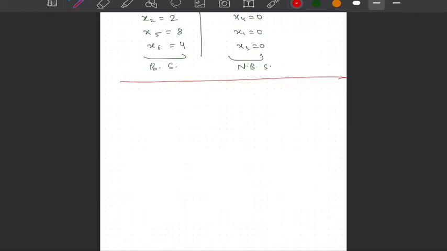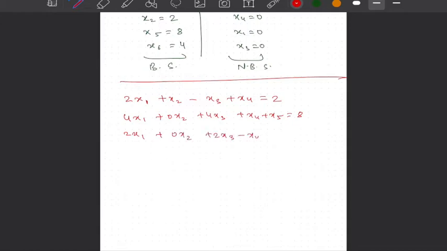So we would write this as 2x1 plus x2 minus x3 plus x4 equal to 2, 4x1 plus 0x2 plus 4x3 plus x4 plus x5 equal to 8, 2x1 plus 0x2 plus 2x3 minus x4 plus x6 equal to 4, 3x1 plus 0x2 minus 3x3 plus 2x4 equal to 4, and our objective function was also an equation.